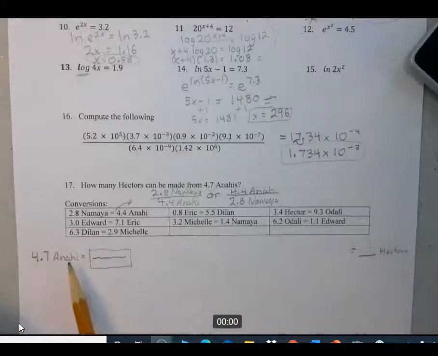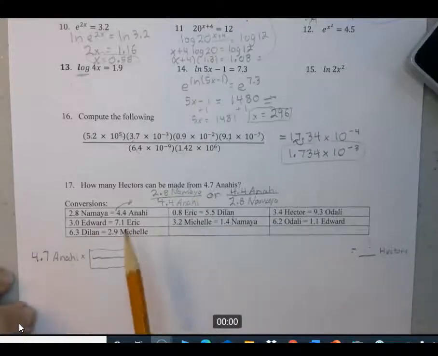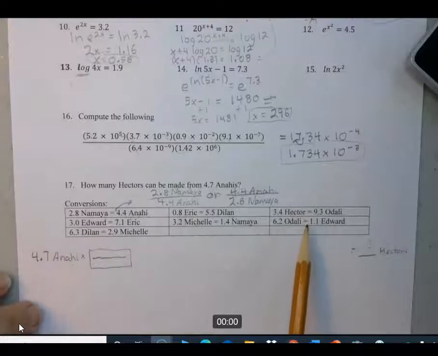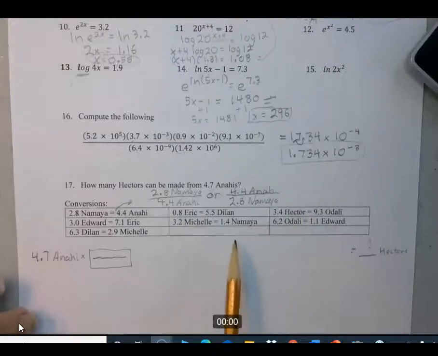Okay, we need to make ani cancel out because ani does not appear in our final answer. So that means ani has to go away. There's only one that has ani in it. None of the others have ani in it. Now all the others except one with Hector have the same person's name more than once. So you're going to have to think about it a little. And I call this building the bridge. I work in from both sides, and I'll show you what I mean in a sec.